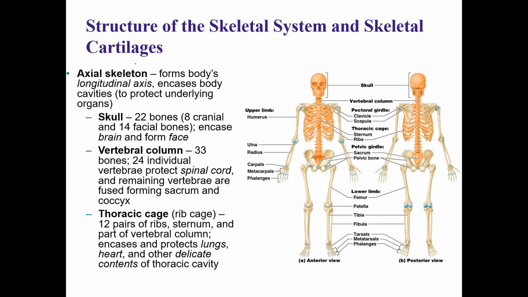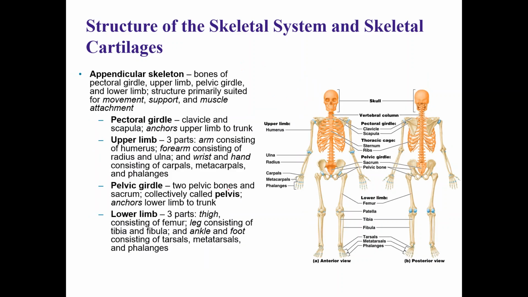So the axial skeleton forms the axis of the body and is composed of three portions: the skull, the vertebral column, and the thoracic cage. We're going to look at all these components in quite detail.